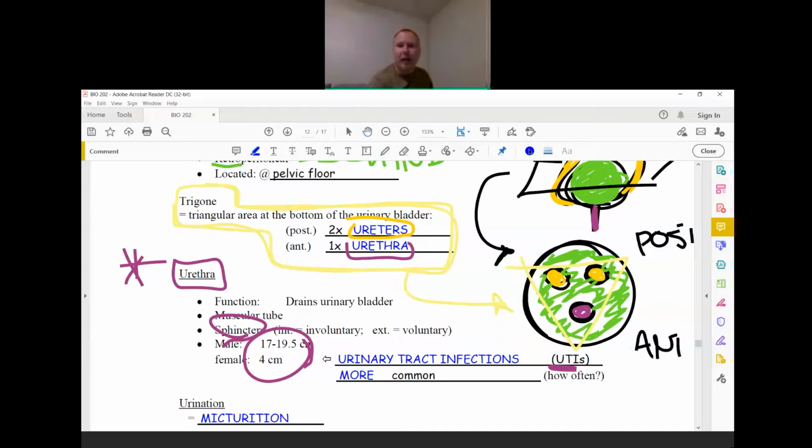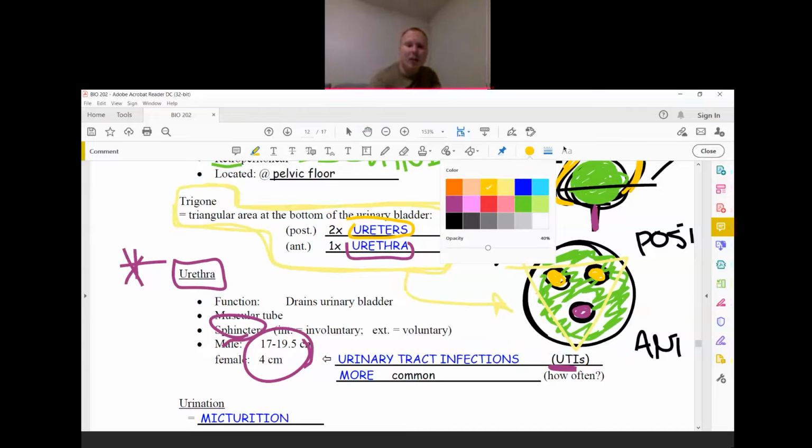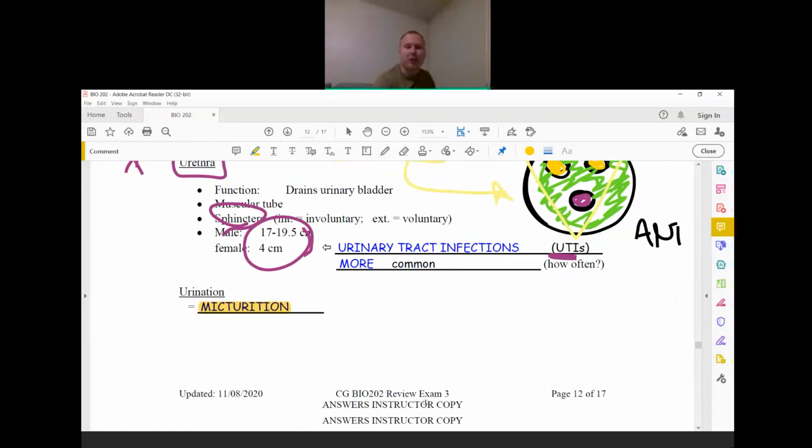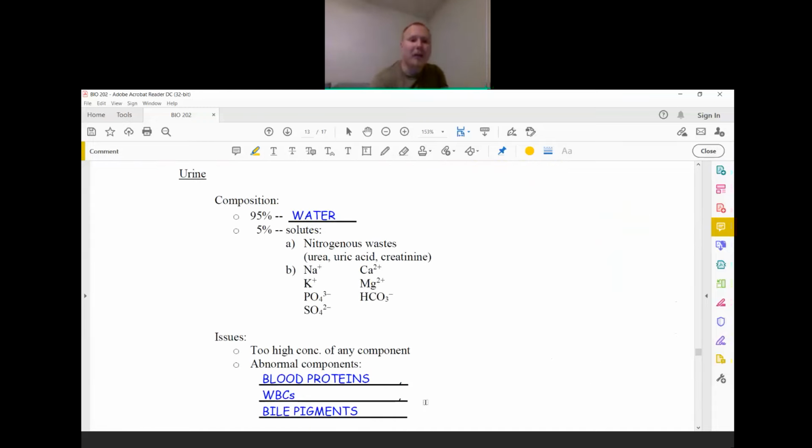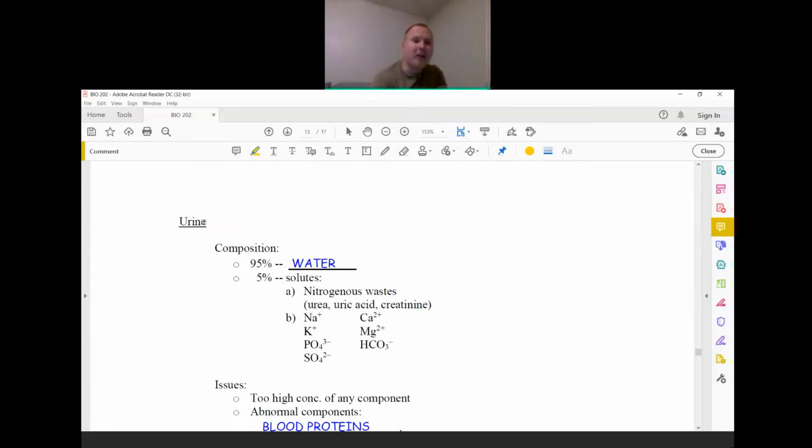Here on this page, the last concept that I wanted to introduce was the correct term for urination. We talk about micturition rather than urination. So if you want to be fancy next time you need to use the bathroom, you can say that word. Now, if we look at what urine is made of, urine is mainly water. About 95% of the urine is simple water.